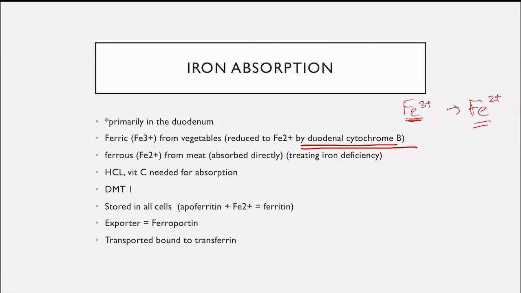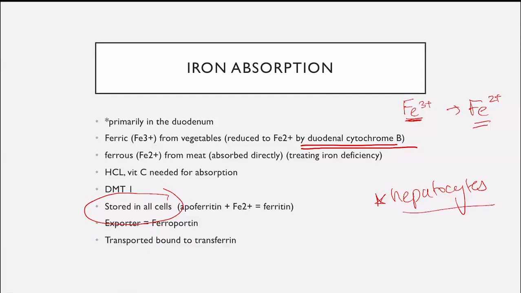And then we have DMT1, which is the divalent metal transporter 1. It's going to basically absorb the ferrous iron from your lumen into the cell. And the iron, Fe2+, is stored in all cells, but primarily in hepatocytes. These are the liver cells.